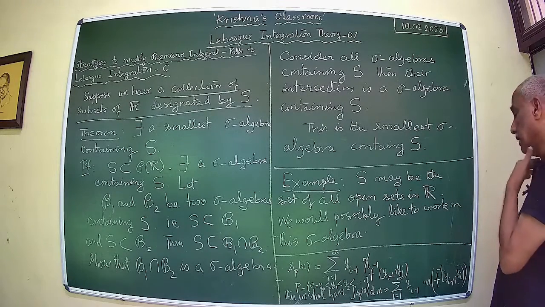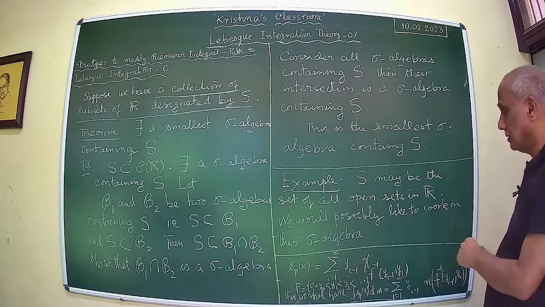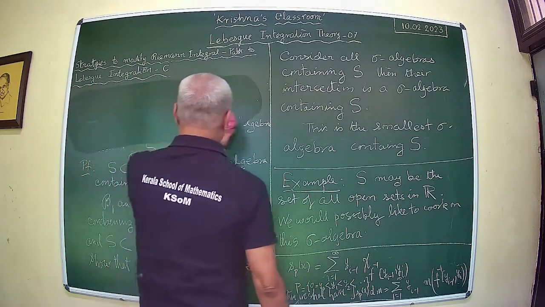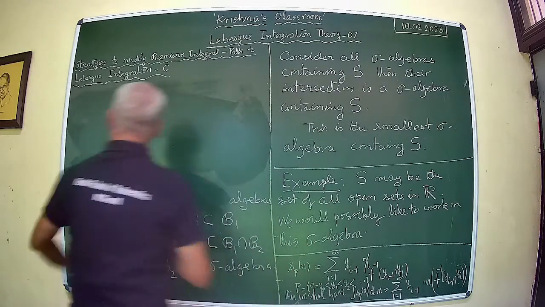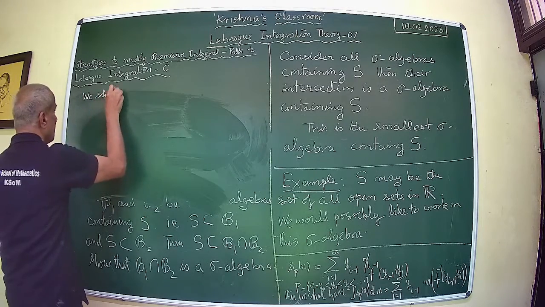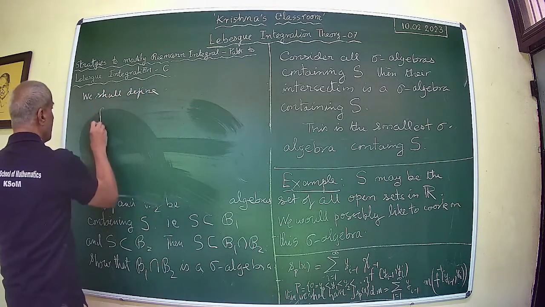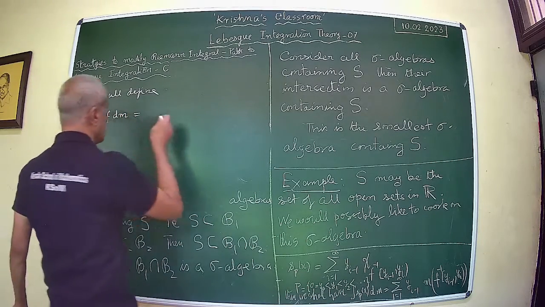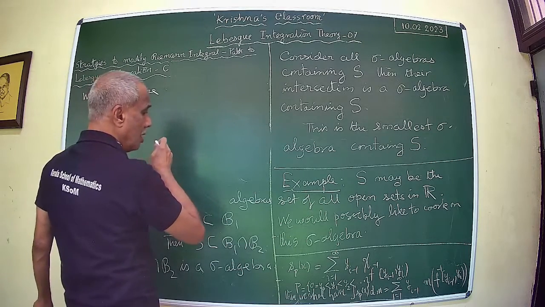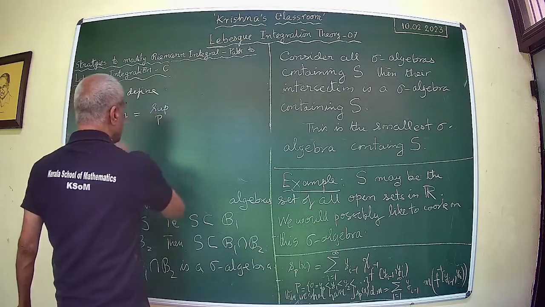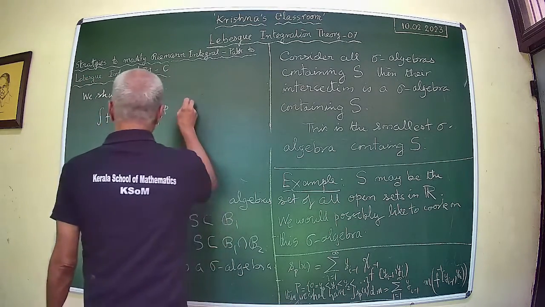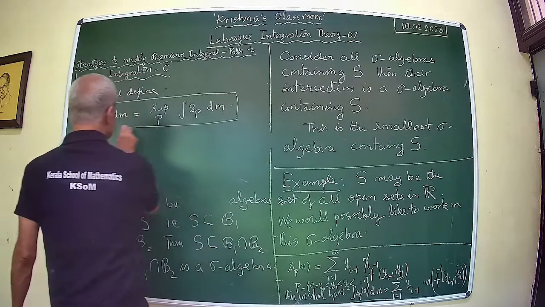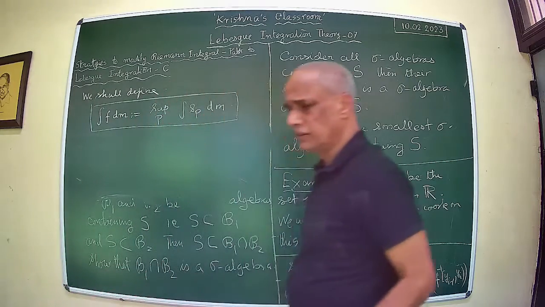Accordingly, we define the integral of f as the limit of this integral, taken over P. This is what you call the Lebesgue integral.